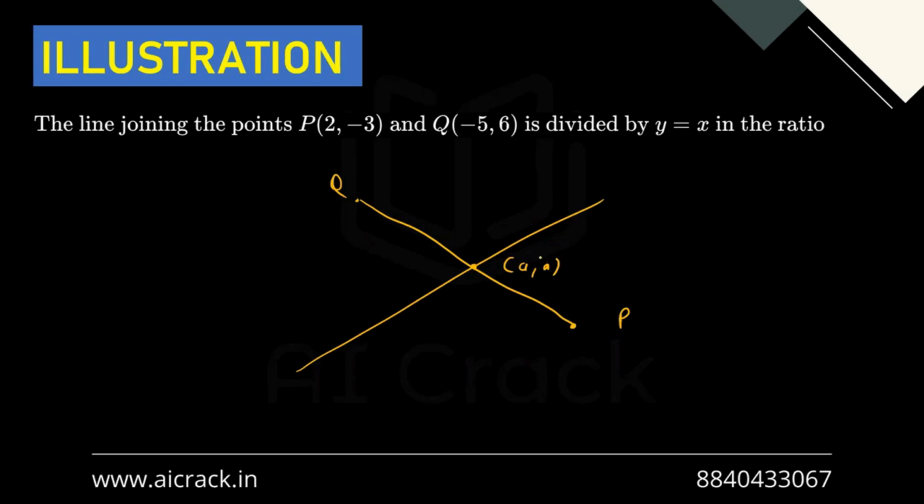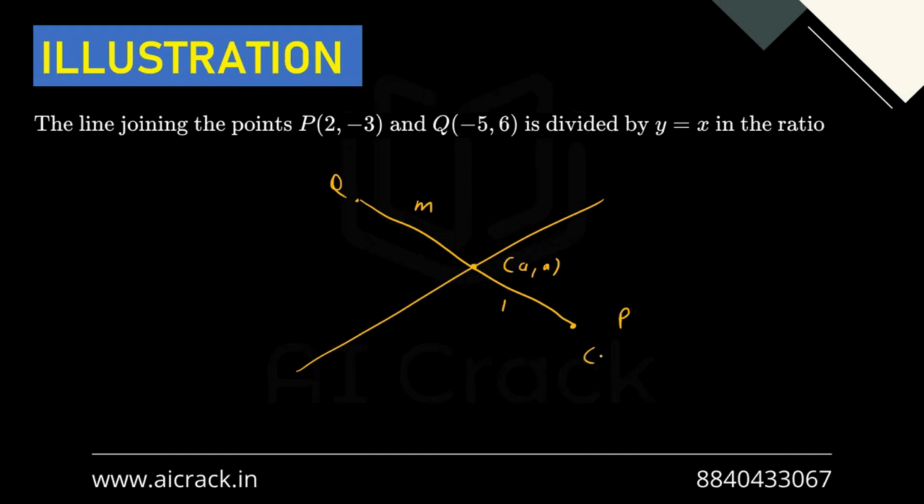But both the coordinates would be same, because this is a part of y equals x, right? So this particular point would be (a, a). Now let's say this is dividing this entire line PQ in the ratio m is to 1. So remember that thing. I'll be using m is to 1 rather than m is to n as a ratio.